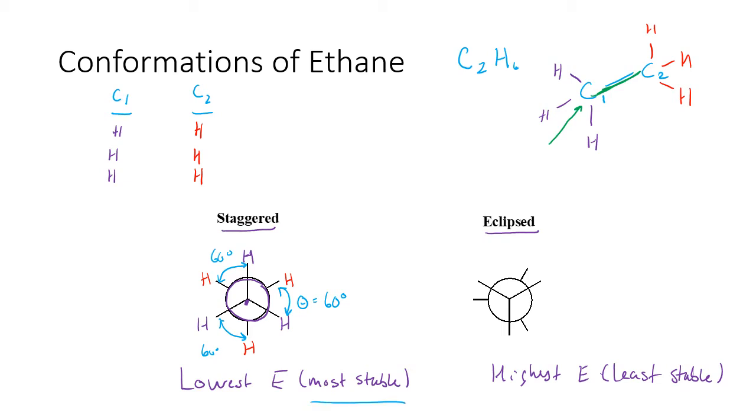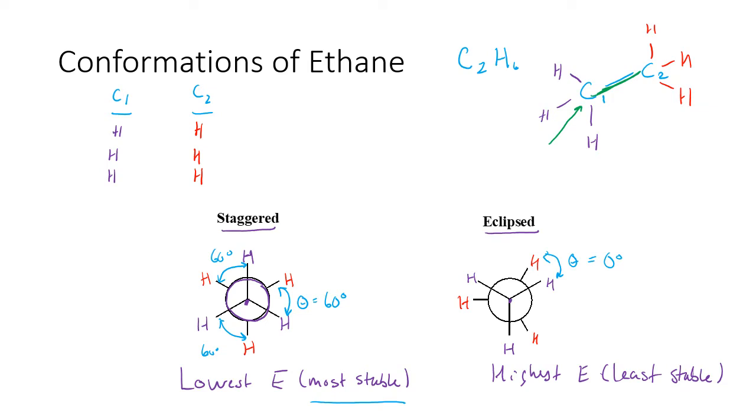For our eclipsed conformation, our front carbon has our 3 hydrogens coming off, and then our back carbon, we have our 3 hydrogens here, and we can't show them directly on top of each other on 2D paper, but in this scenario, theta, or our dihedral angle, would actually be equal to 0 degrees, because they would be perfectly aligned if we were looking at this in 3D.